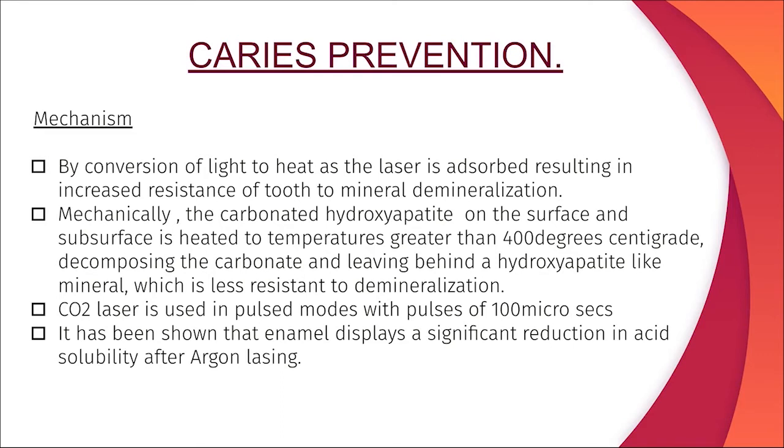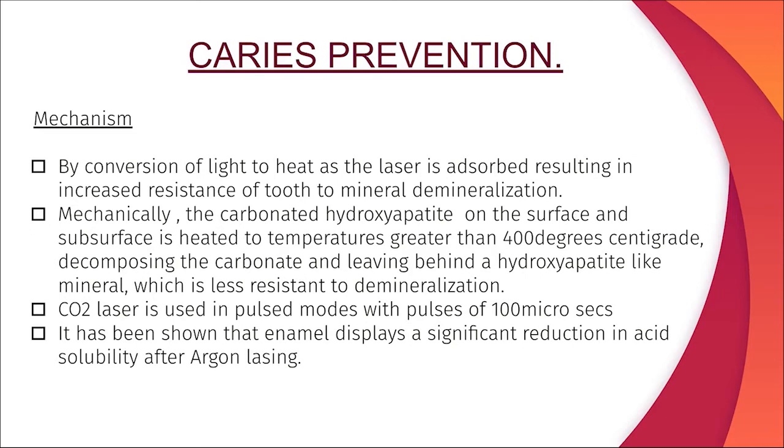The next use is caries prevention. How is the laser used to prevent caries? The mechanism is that when we use a laser, the light is converted into heat as the laser is absorbed, resulting in increased resistance of the tooth to demineralization, which means the tooth becomes more resistant to caries.